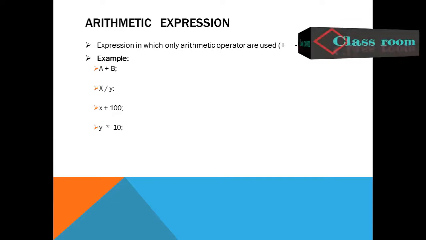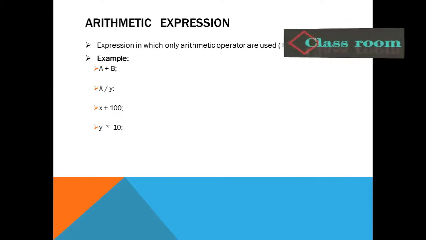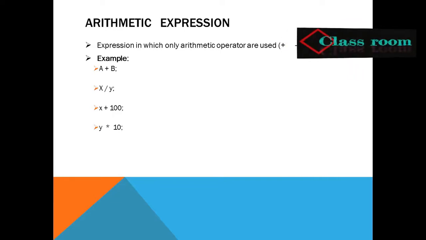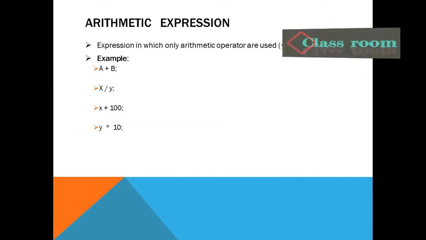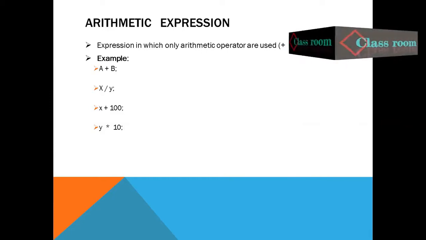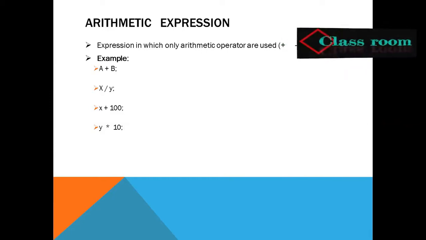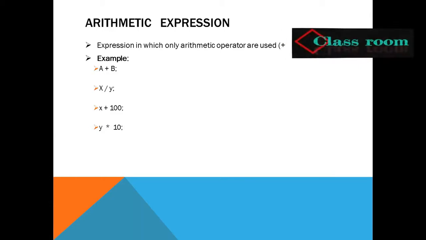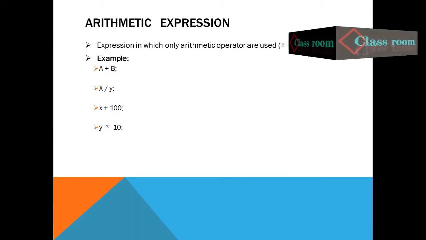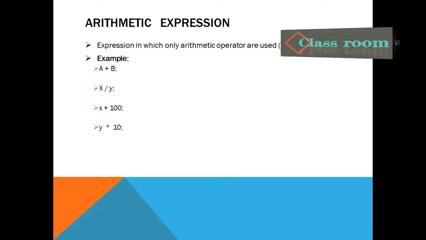Again y multiplied by 10, where multiplication is the arithmetic operator, y is your variable, and 10 is a constant value. So these four examples contain arithmetic operators, therefore we can say that these are arithmetic expressions.